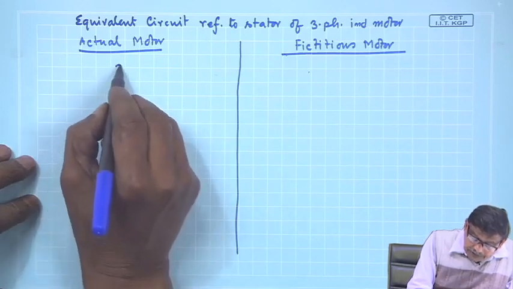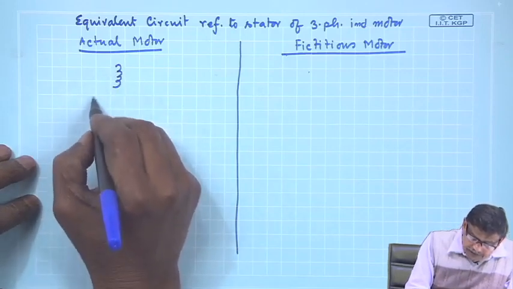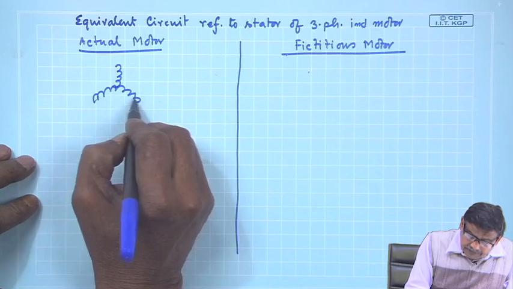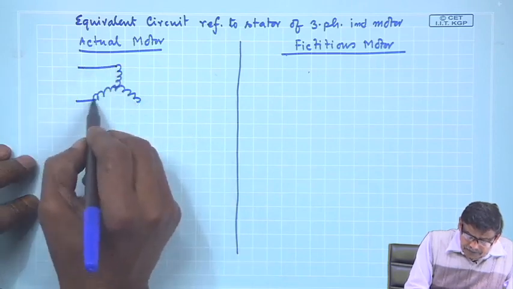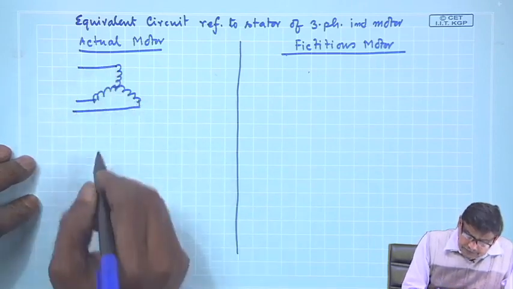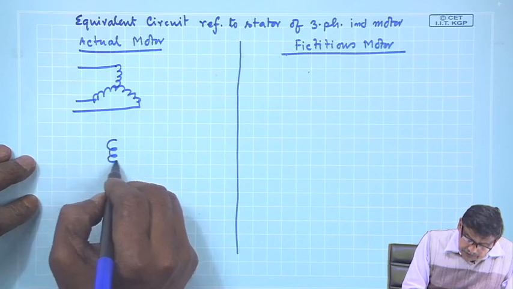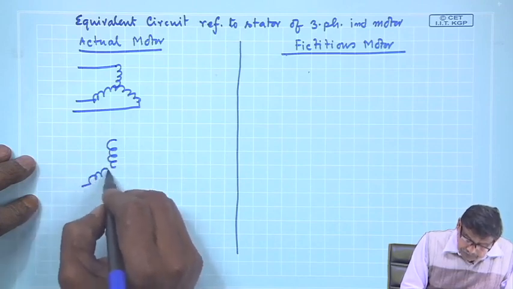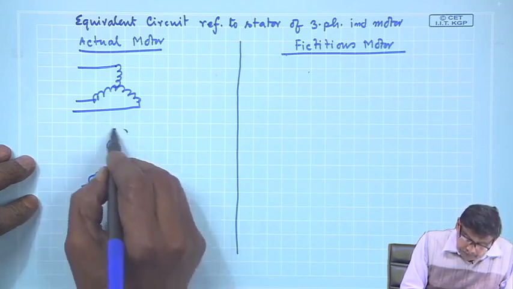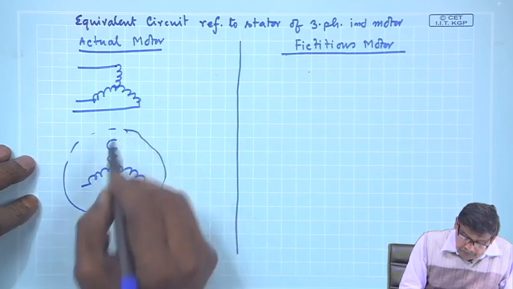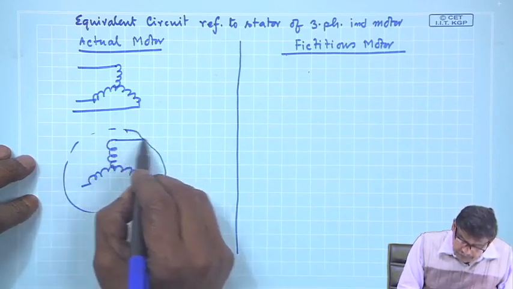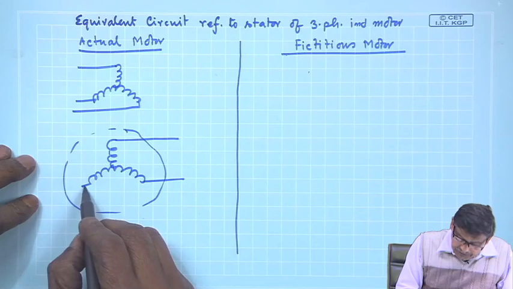Acha, what was the thing? This was my primary, suppose it is star connected. I am not drawing RYB, all these things. This is there, and here is your rotor, and all these are shorted.